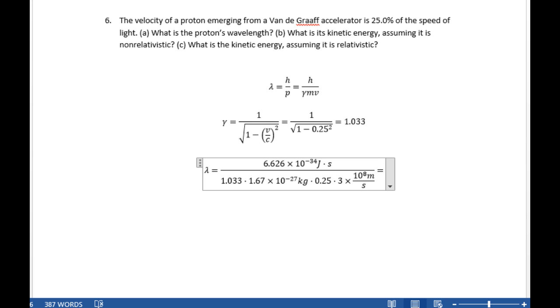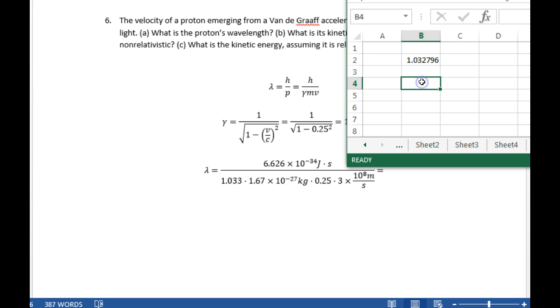All right, what does this wavelength work out to be? Let's stick in 6.626 e minus 34, the 1.033, 1.67 e minus 27 kilograms, the 0.25, the 3e8, right?